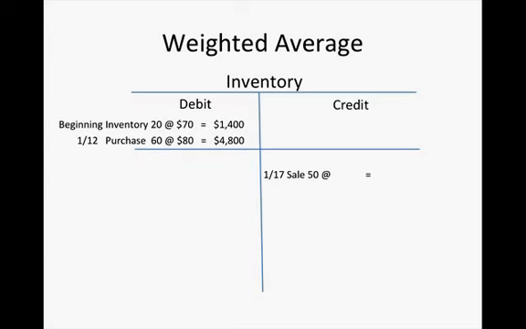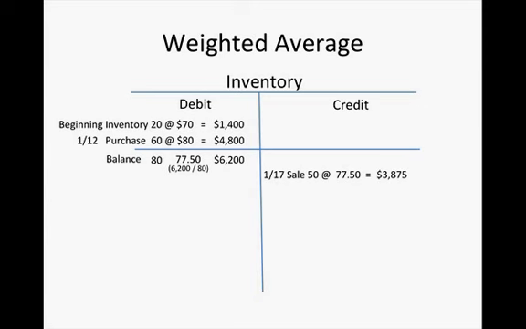Then calculate a subtotal for the units and the total cost. To get the weighted average, divide the total cost by the units. Then use this number to multiply by the units sold on January 17th.